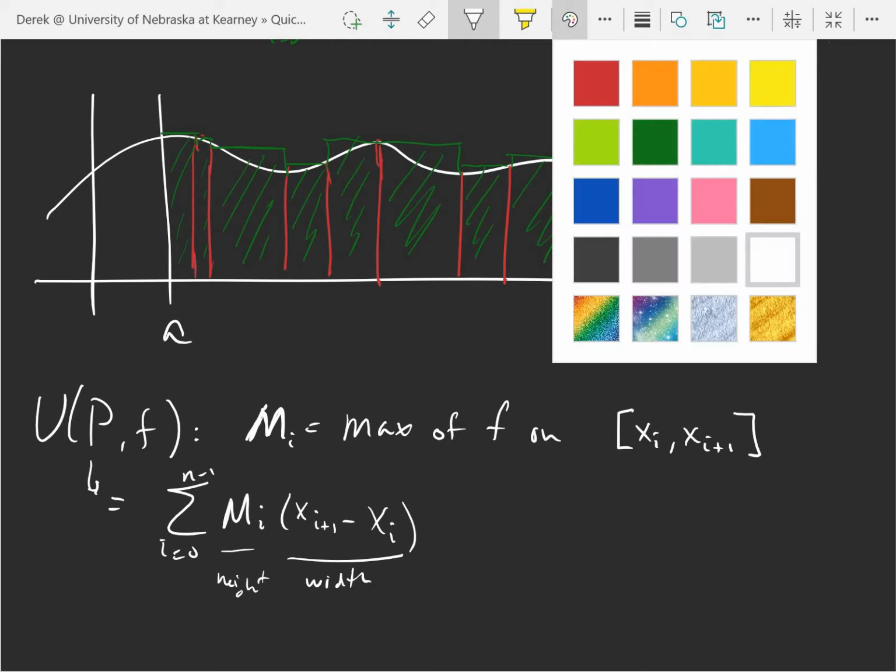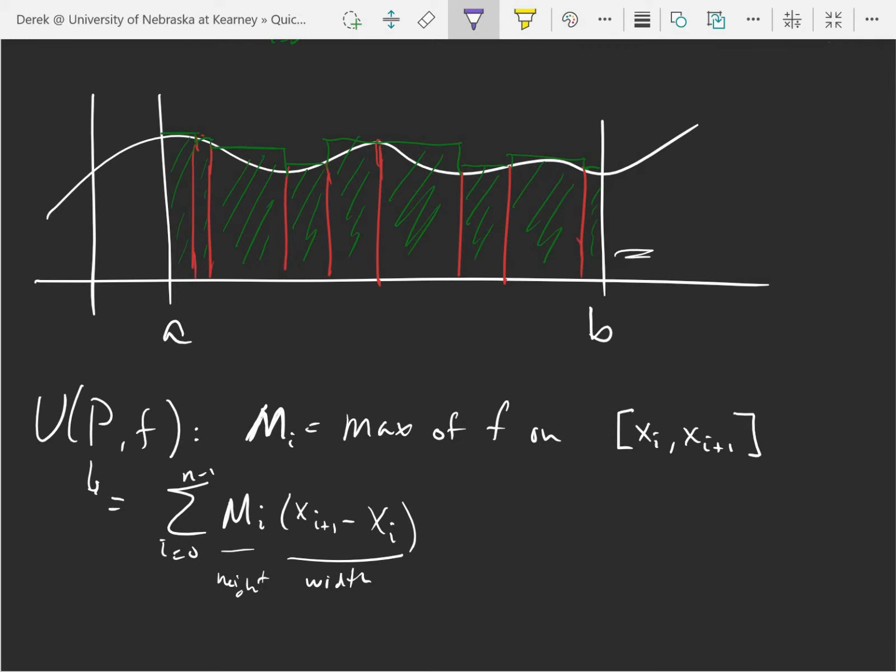Okay, this one overestimates the area under the curve by a little bit, by these little purple areas here. I've got these almost triangular shaped pieces that we've overestimated the area by. That purple area is an overestimation.